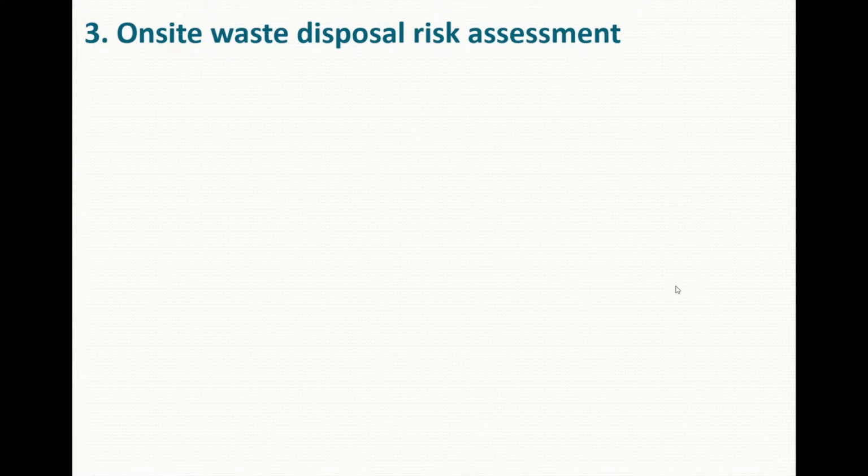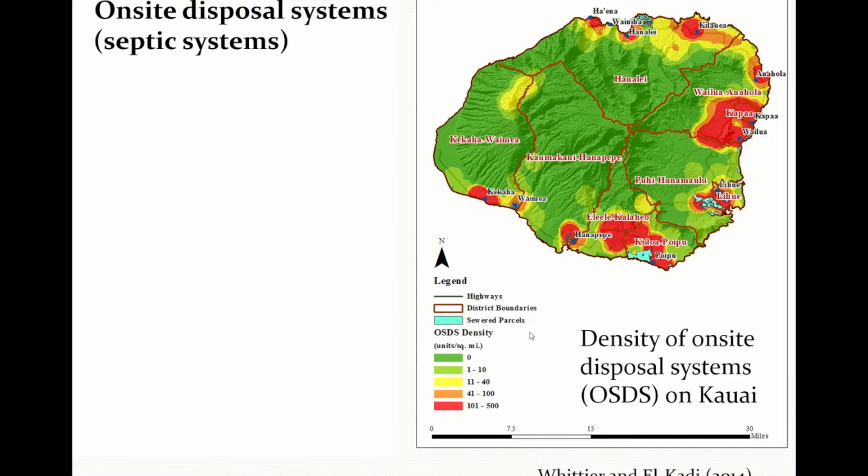Number 3, on-site waste disposal risk assessment. And here is a map for the island of Kauai. And actually, you can see here the density of the septic systems, which are on-site disposal systems, or OSDS. And unfortunately, the high density falls across or near the shoreline.